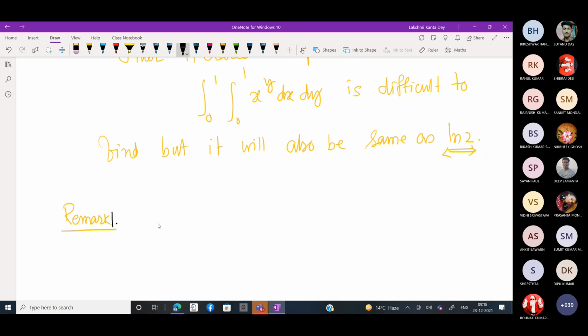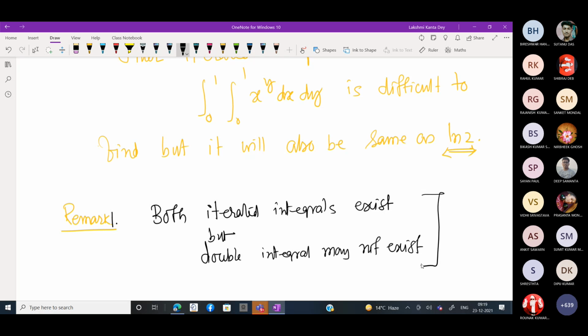Remark 1: both iterated integrals exist, but the double integral may not exist, and this does not contradict the Fubini theorem.